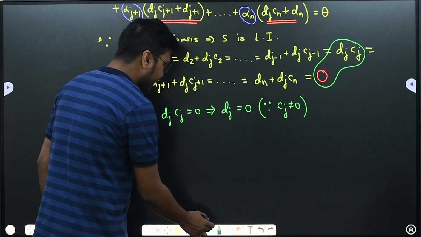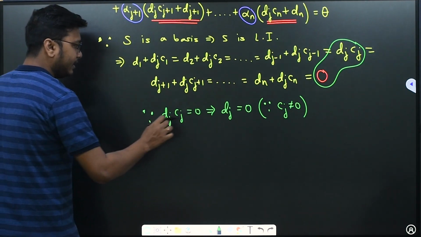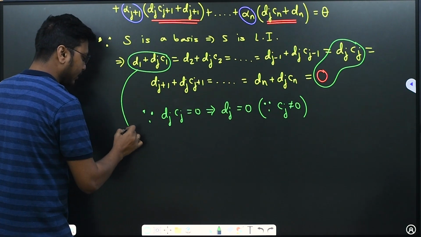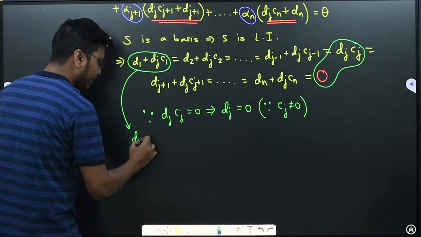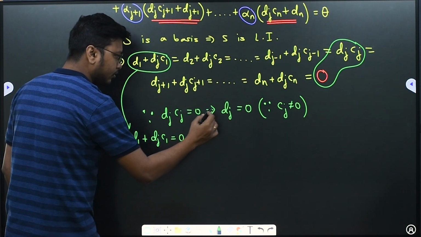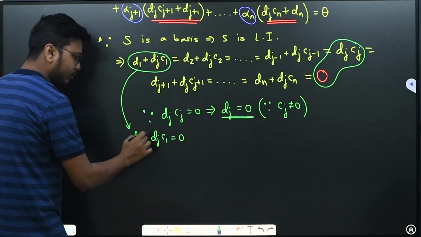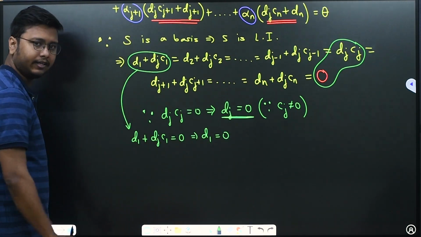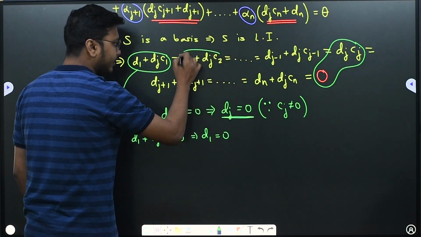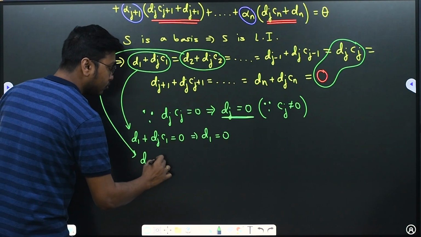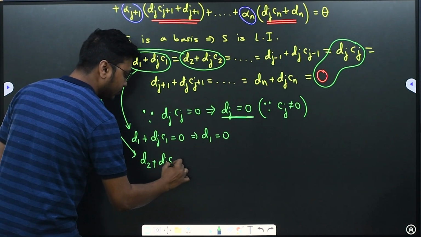Okay, now if dj is 0, just look at the first part. Suppose I take this one, then d1 plus dj c1 equals 0, and since dj is 0, this gives d1 equals 0. Similarly, if I take the second one, I have d2 plus dj c2 equals 0.